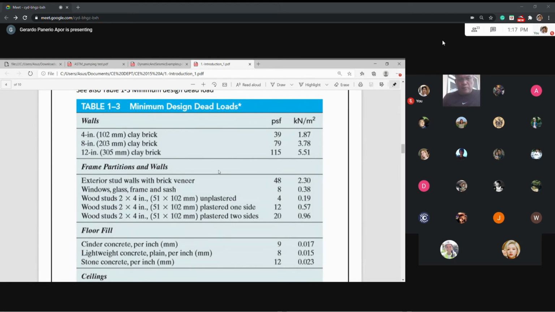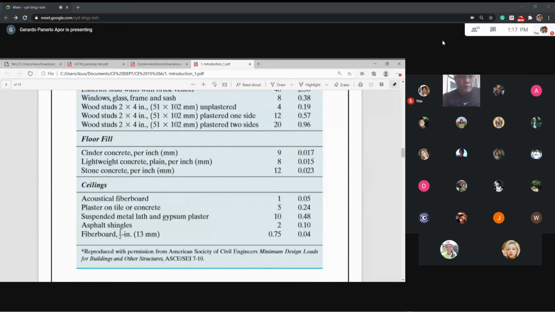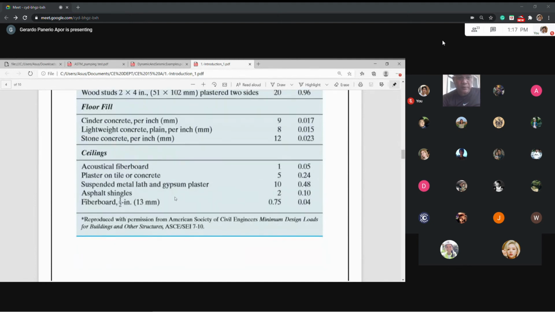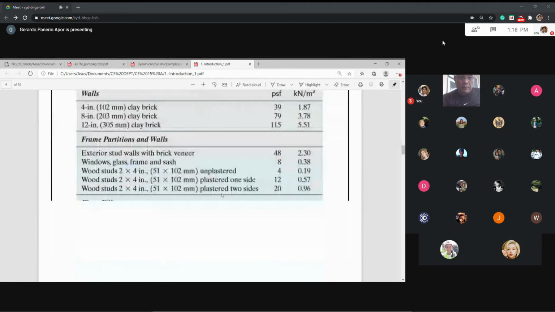Imagine clay brick, or if you use hollow blocks, or cement. For floor fill, lightweight concrete, plain stone concrete; for ceiling, acoustical fiberboard, plaster or tile or concrete. This table comes from the American Society of Civil Engineers, minimum design loads. Locally, we have the National Structural Code of the Philippines.